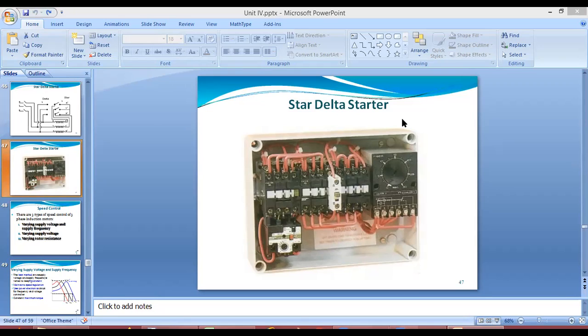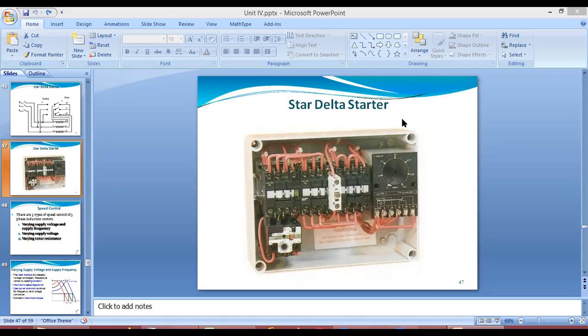So the motor behaves as if it is connected to an auto transformer, and we get a transformer ratio of 0.58, because we reduce the phase voltage to 0.58 times. So we get a transformation ratio of 0.58.